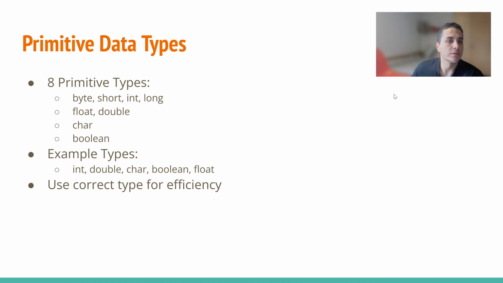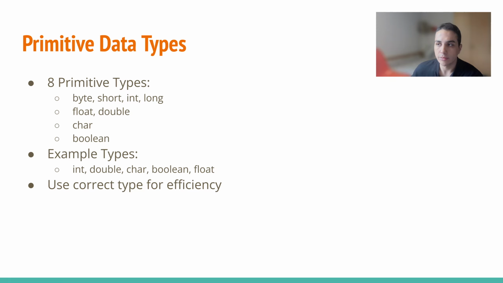Let's go to the primitive data types. Java has 8 primitive data types. These are the basic types of numbers, characters, and Boolean values. For numbers, we have byte, short, int, and long. Integers of varying size, depending on how long your integer is. We have float and double for floating point numbers, for example, 2.5 is a float or double.